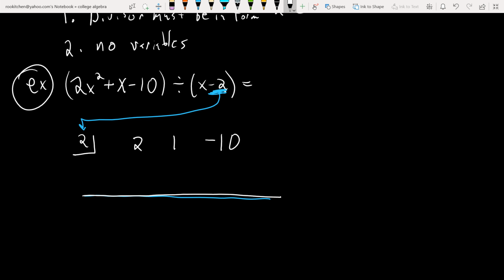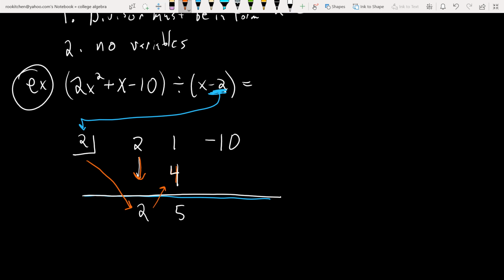To get it started, you drop this 2 down. You just put a 2 here. Then you're going to go 2 times 2 and put that result right here, and then you're going to add. So 2 times 2 is 4, and then 1 plus 4 is 5.